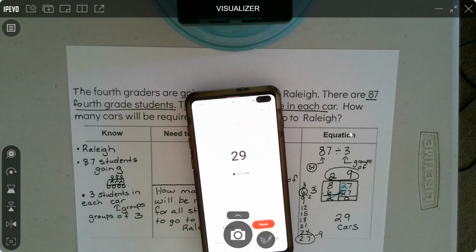30 more seconds. If you already have your graph paper math journal and your pencil, go ahead and open up to wherever we left off on Friday. We're just going to keep continuing on.